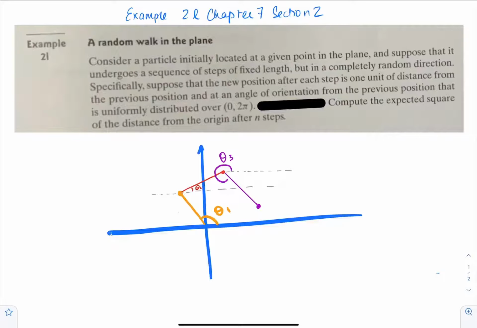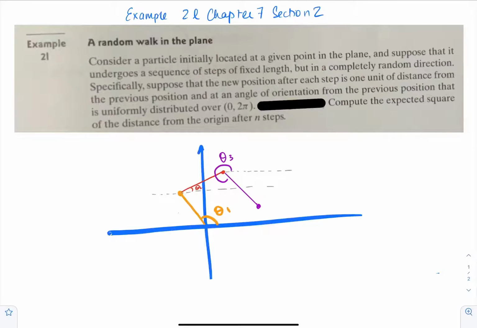Now, what that's saying specifically, suppose that the new position after each step is 1 unit of distance away from the previous position and at an angle of orientation from the previous position that's uniformly distributed over 0 to 2 pi. Compute the expected square of the distance from the origin after n steps.